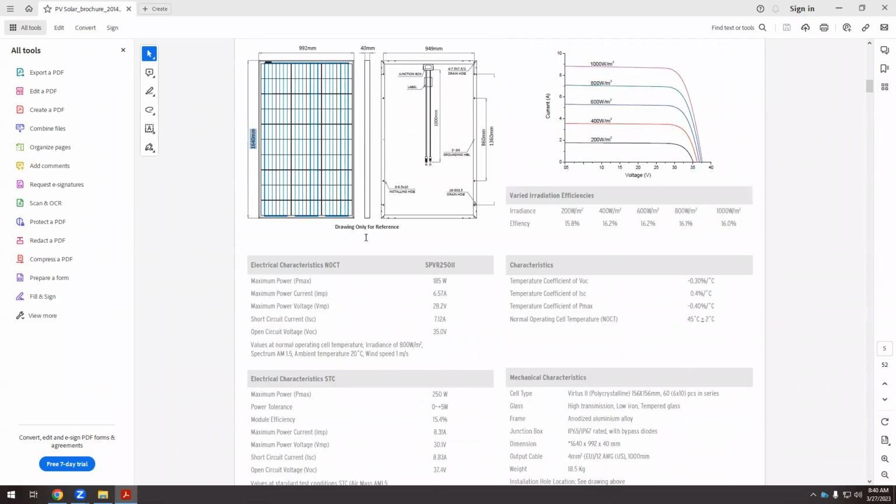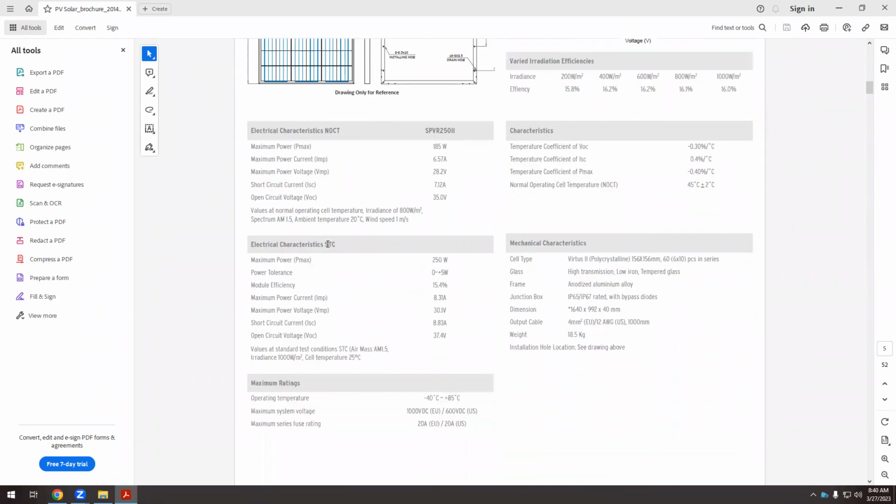And now we need the production. We talked about the STC, the standard test conditions, but here we have another thing. So when we have these two electrical characteristics, this is the maximum power, 185 watts, and this is the maximum power, 250 watts. The standard test conditions, I told you, are conditions that happen once every year, every decade, or whatever.